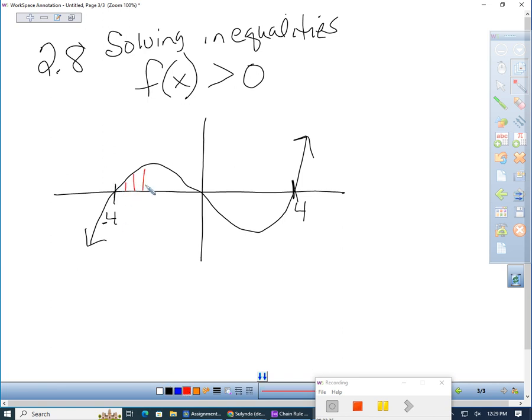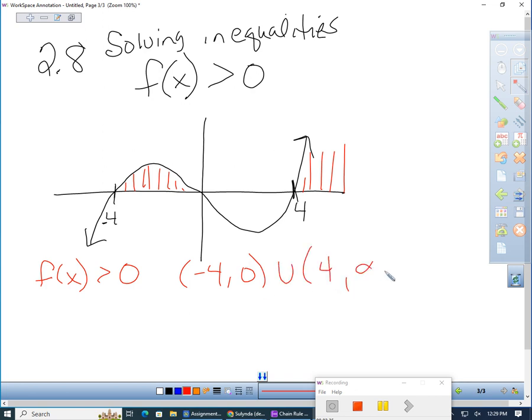It's in positive land here, and it's in positive land here. Okay, so our solution, if it was greater than 0, so f of x greater than 0, would be from negative 4 to 0 and 4 to infinity.